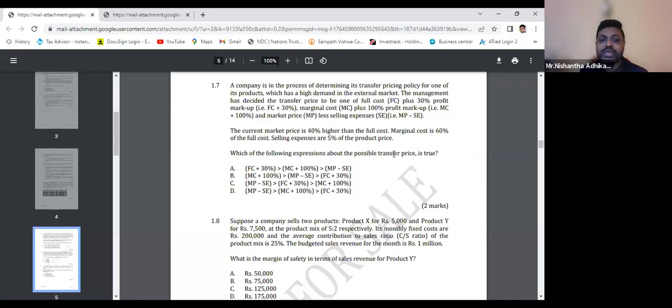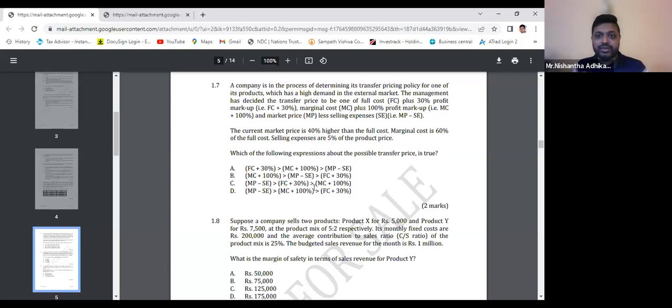Marginal cost is 60% of the full cost, so it will be 60 rupees. Selling expenses at 5% means 140 into 5%, around 7 rupees. Then 140 minus 7 will be 133. That should be the minimum price, the market price minus selling expenses, that is greater. Full cost plus 30% means 130, while at the moment the market price is full cost plus 40%. It is lower than the 133 I have mentioned.